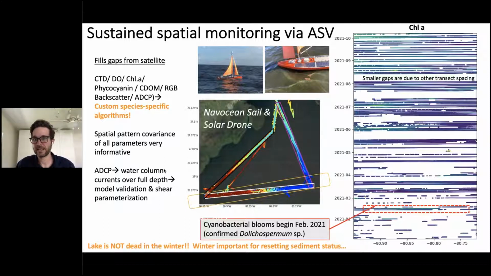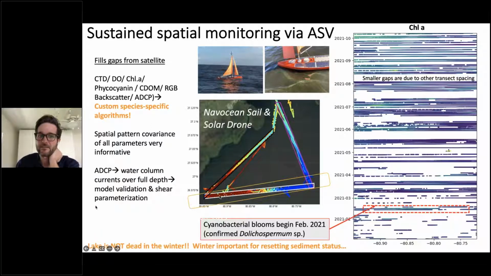And this allows us to look at, let's say, the shear stress, or the pressure, I guess, that the sediments would be under to want to be resuspended and deliver nutrients to the water column.